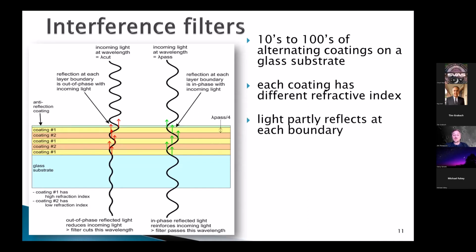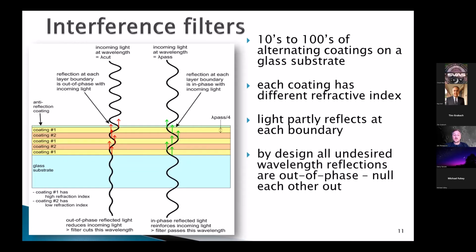At each boundary between layers, light partly reflects and partly refracts. By choosing the thickness of these layers, it is possible to have all the reflections of undesired wavelengths out of phase with itself, so they cancel out, allowing only the desired wavelengths through.